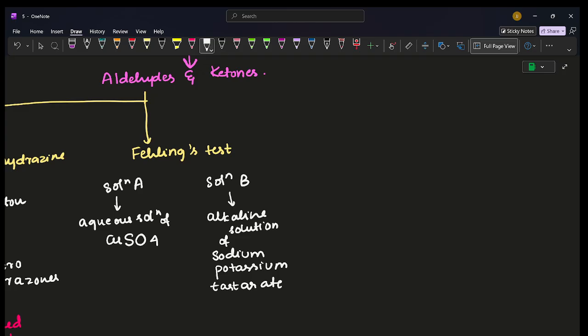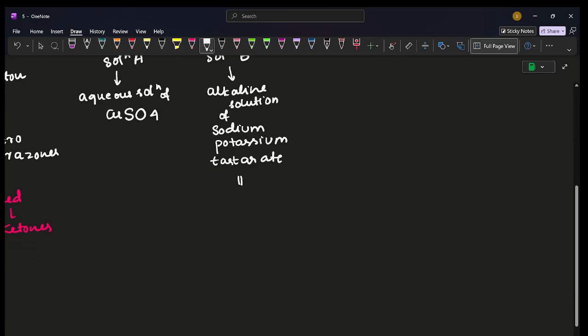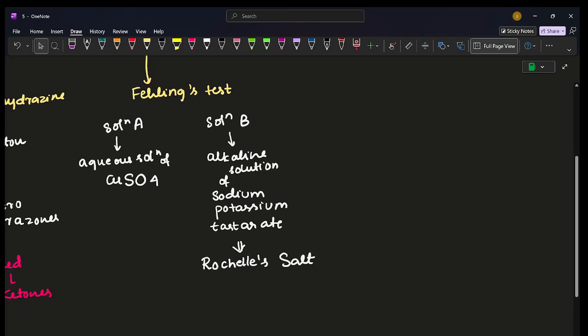Sodium potassium tartrate is famously called Rochelle's salt. Okay, so remember which is aqueous, remember which is alkaline.